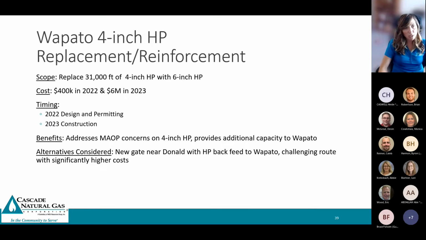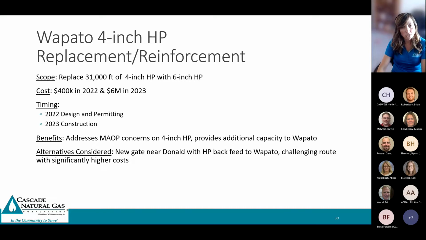Keep going. Next, we got the Wapato 4-inch high pressure replacement and reinforcement. So this project is in Wapato. It's going to replace 31,000 feet of 4-inch high pressure with 6-inch high pressure. Timing, 2022 design and permitting, and 2023 construction. A little background on this one is our Wapato line is fed from our Zillah Gate.